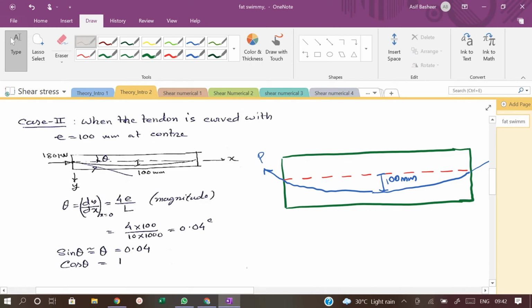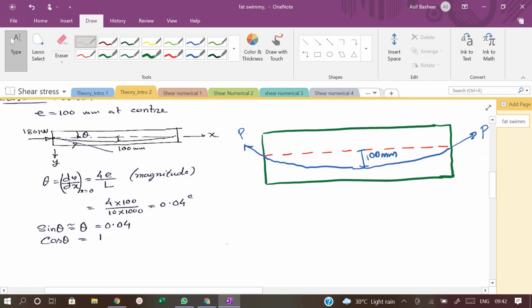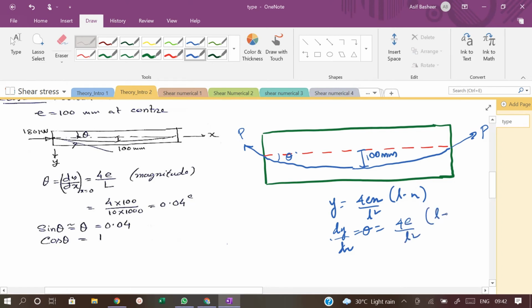Now you can see here, you have studied the basics of the equation of this parabola. I can write it as 4ex by L square into L minus x. That is the inclination theta. I can write dy by dx is equal to theta is equal to 4e by L square into L minus 2x.